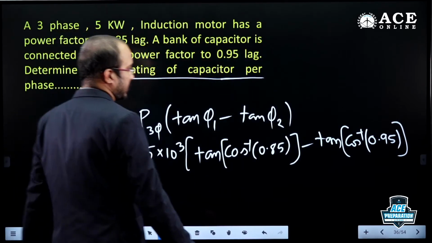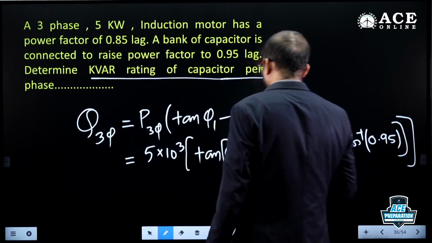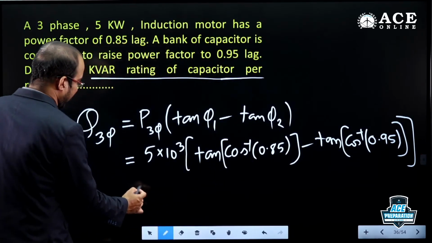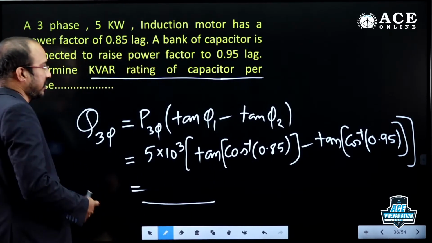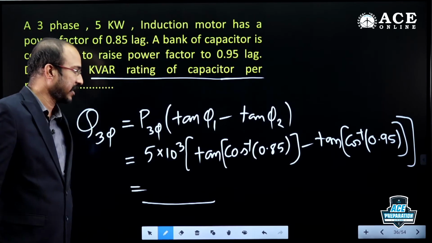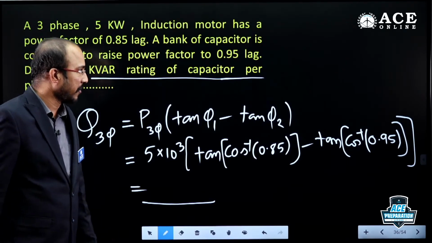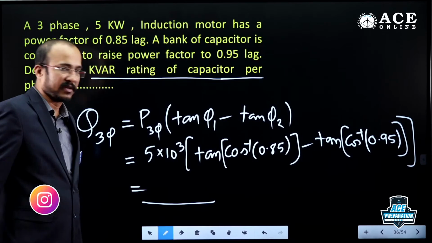If you simplify this, you will get the reactive power supplied by the 3-phase capacitor bank. That means the total reactive power supplied for 3 phases. Per phase is required, so divide by 3.